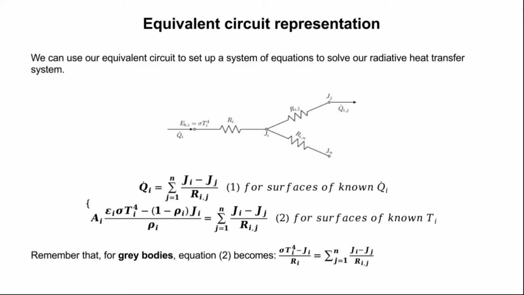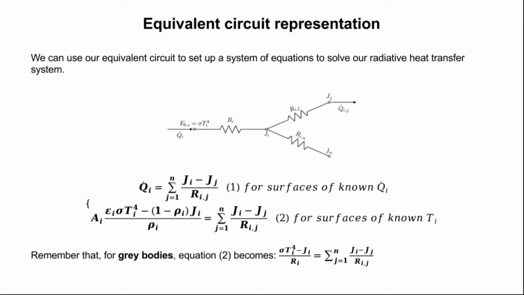So, we can use our equivalent circuit to set up a system of equations to solve our radiative heat transfer system. For each body, if Qi is known, we can use the expression of Qi in terms of radiosities and space resistances to find the radiosity of the body i, while, if Ti is known, we can use the surface properties of body i, reflectivity and emissivity, to find its radiosity, or, vice versa.